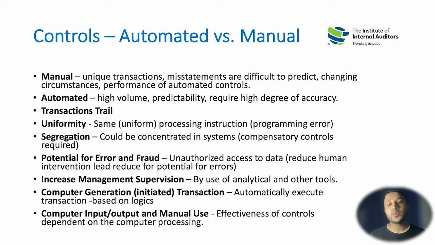Increased management supervision: we can use different IT tools to see not only the sample transactions but the entire transactions, and we can identify anomalies and so on. So automatic controls are very good at this aspect as well.